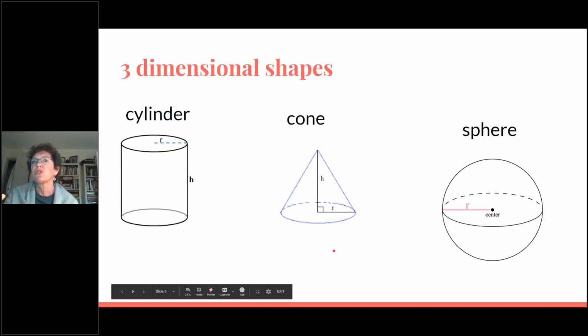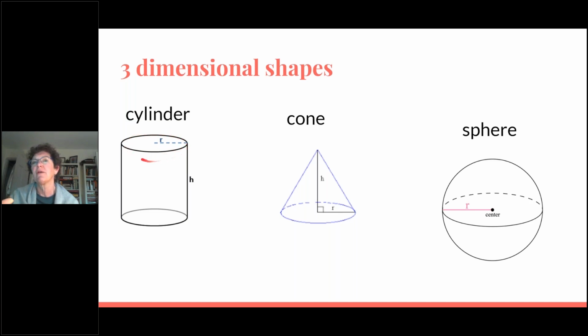Other three-dimensional shapes. A cylinder, think of a can; a cone, we think of an ice cream cone; and a sphere is a ball. And to measure those, this is giving you the specific things you need to measure the cylinder. First, what you're going to do is find the area of the base, which is a circle.